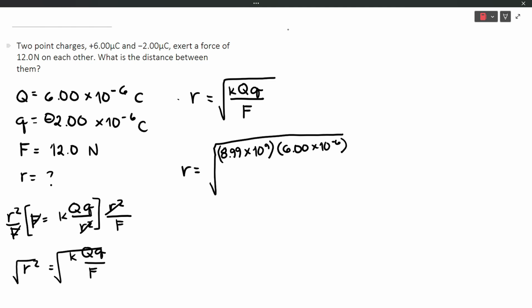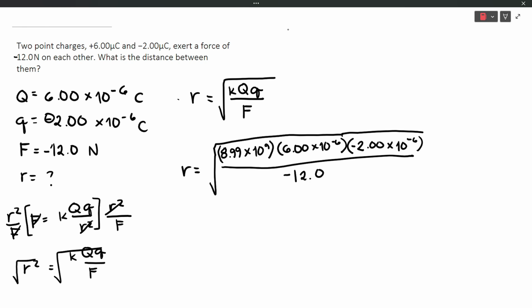Actually, if they are positive and negative, then this must be a negative value. So that will be negative 12 because it's an attractive force. I forgot to mention. Okay. Next, we have the other charge is negative 2.00 times 10 raised to negative 6. And then divided by the electrostatic force between them, which is negative 12 newtons.